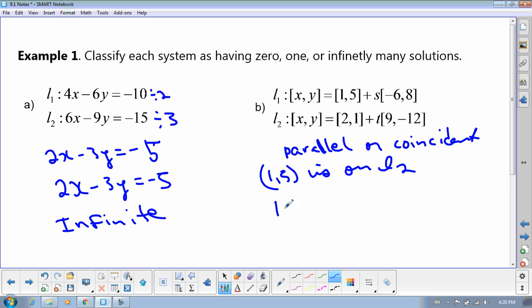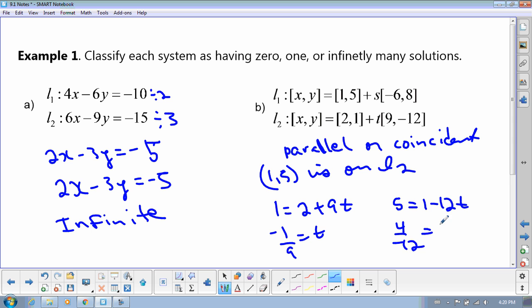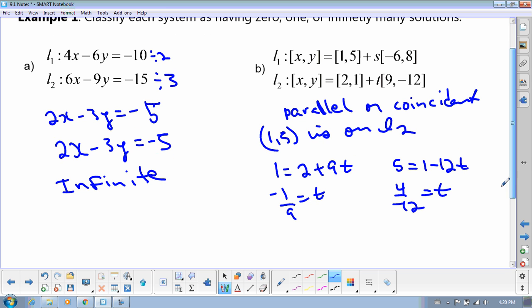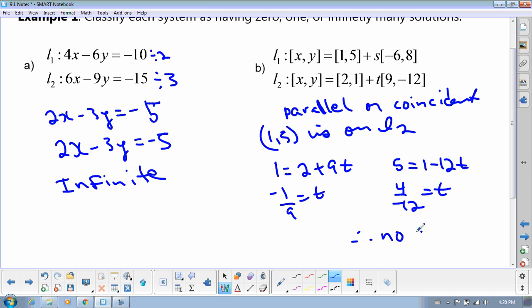So I know 1, which is the x value, has to equal 2 plus 9t. And then we have 5 would equal 1 minus 12t. So I have negative 1 over 9 equals t. So here we are going to have 4 over negative 12, which equals t, which is not the same as negative 1 over 9. So therefore, there is no solution.